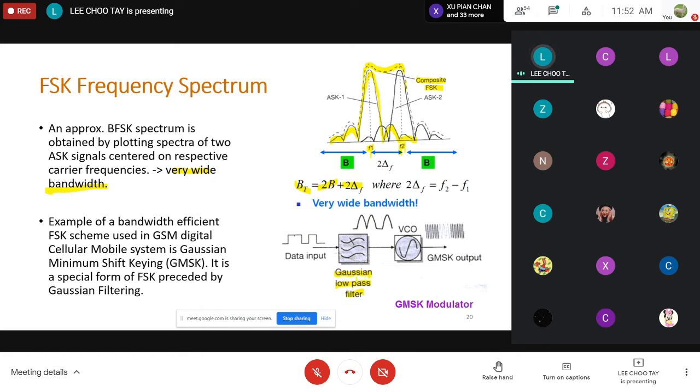It's called a Gaussian low pass filter. I think this is quite old technology, used in the GSM digital cellular mobile system. This is basically 2G, isn't it? So they use this to reduce the bandwidth requirement for the FSK signal.